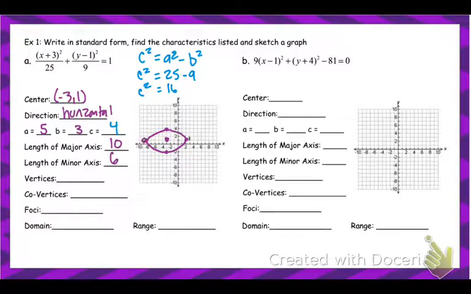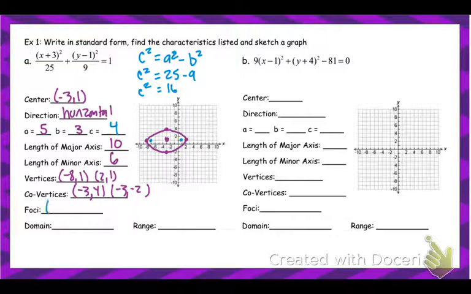The vertices are the two that are on those ends because those are on the major axis. So that's -8, 1 and 2, 1. Co-vertices are -3, 4 and -3, -2. The foci are going to be on the major axis, which means from the center, I need to move a distance of c. So I'll move 4 away from the center to get my foci.